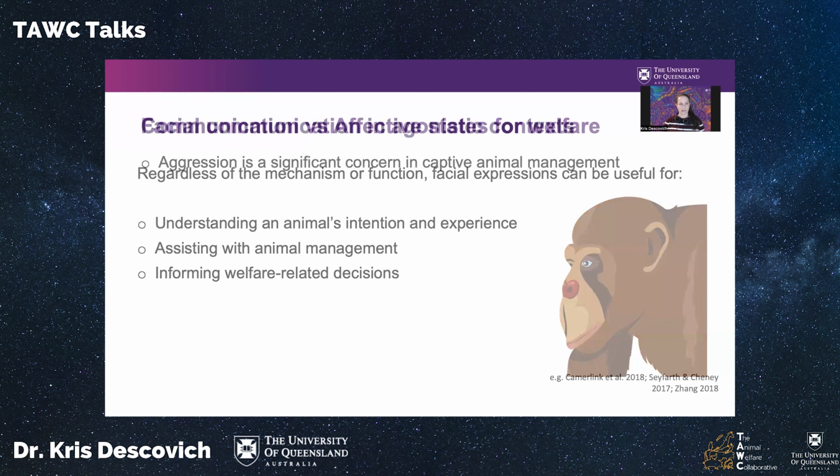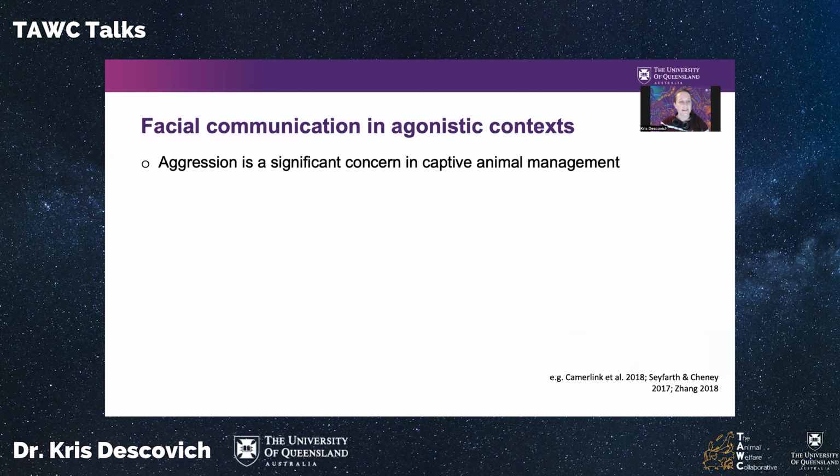So let's take a closer look at this. Okay, if we consider facial communication in agonistic contexts, so in terms of contexts where there's social conflict, perhaps even aggression. Now, when we have captive animal management, let's say we're working with a group of captive monkeys, aggression can be one of those things that we need to keep an eye on because it can be a significant concern in group housed animals.